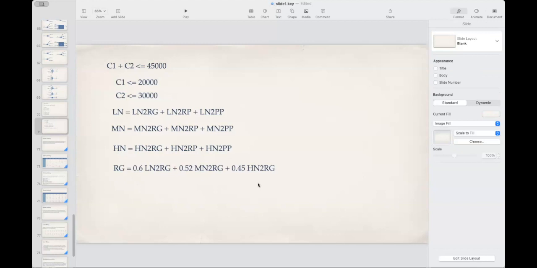Okay, so around the reformer, we have Rg like this.